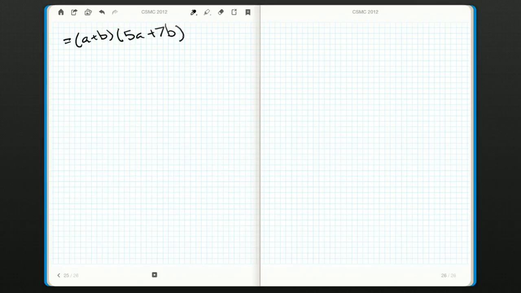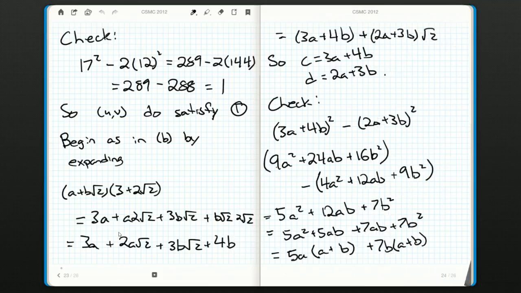And I'm actually at a bit of a loss as to where to go with this. If I want to show this is equal to 1, and we know that these are going to be integers. So we've got ourselves a bit of a problem here. So maybe simplifying this straight away isn't exactly what we should be going for.